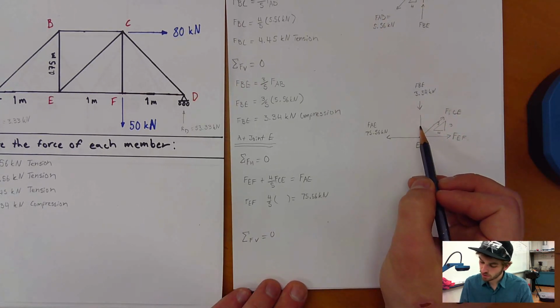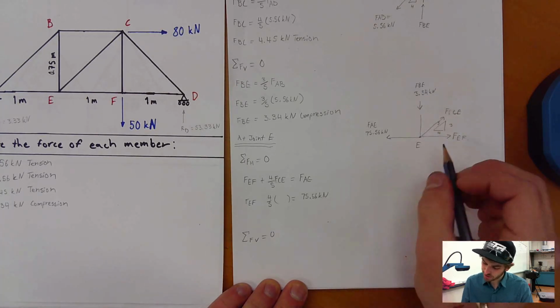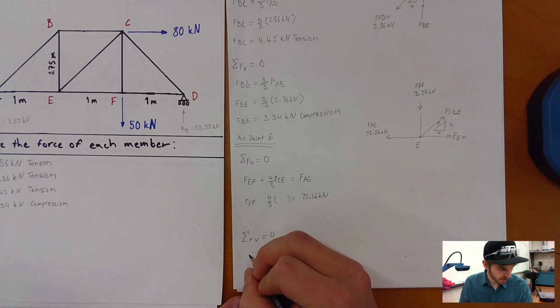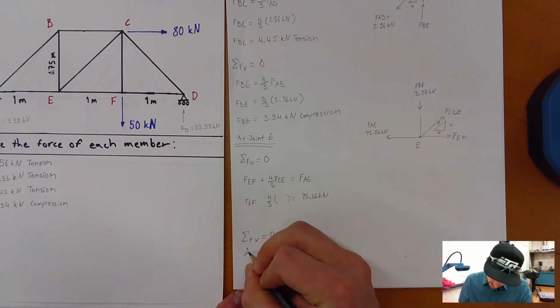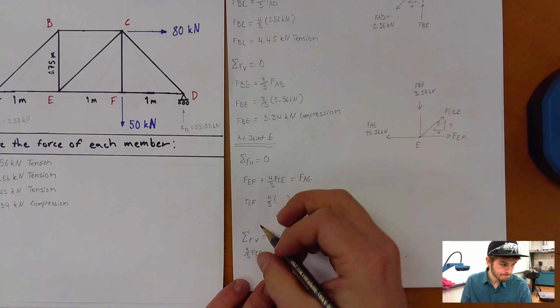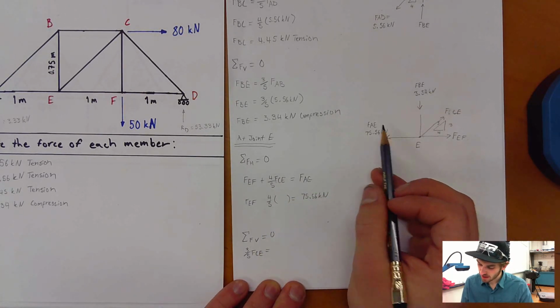So from here, we've got 3, so we've got that opposite over the hypotenuse. So 3/5 FCE is going to be equal to FAE.